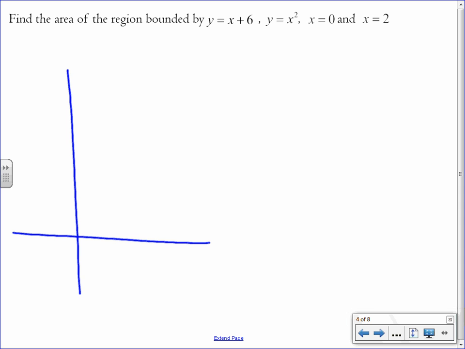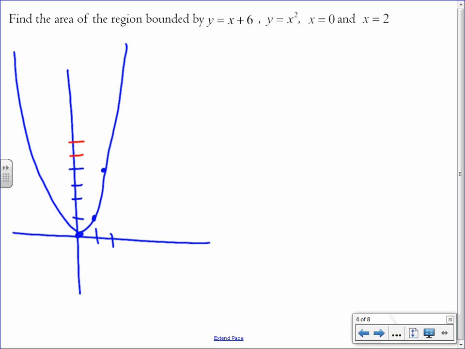All right. Y equals x squared. I said y equals x squared. Okay? Y equals x plus 6. Fine. Right?